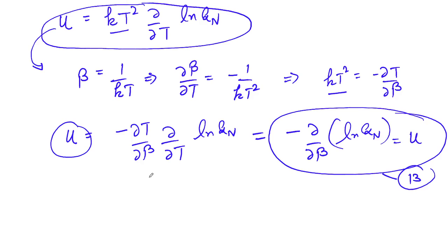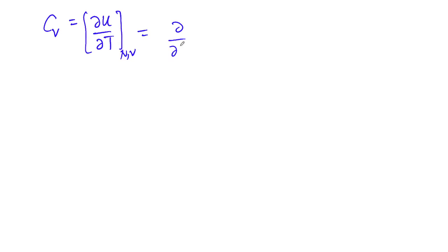So from that you can also find out the specific heat. At constant volume, Cv is dependent upon this internal energy, ∂U/∂T at constant N and V. U we know is equal to A minus TS, so that is A minus T ∂A/∂T.